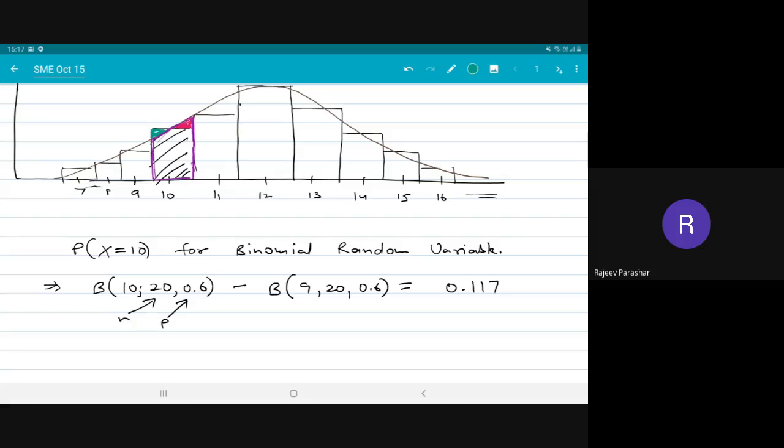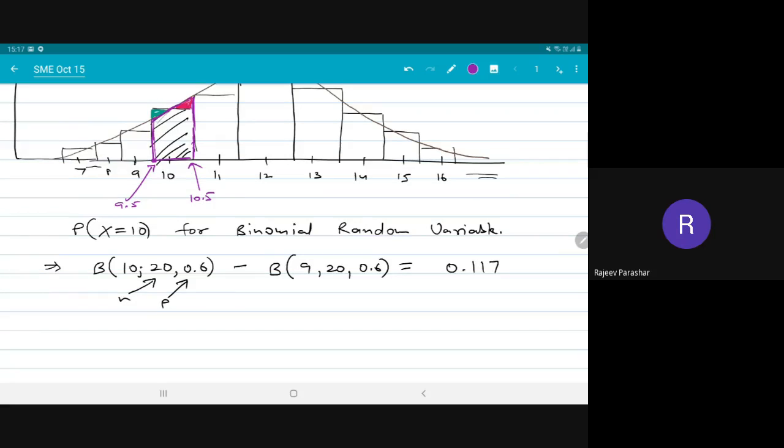Okay, now the issue here is 9.5 and 10.5. This is what we have to do. We have to find the probability that the random variable takes on value between 9.5 and 10.5.